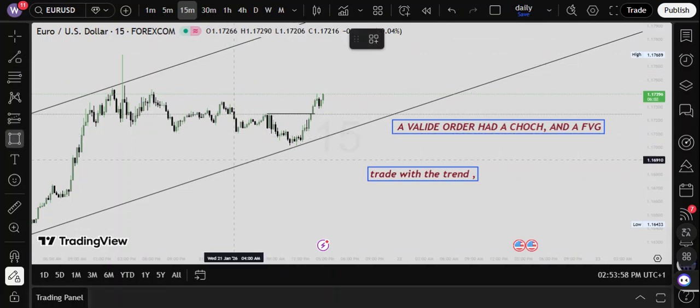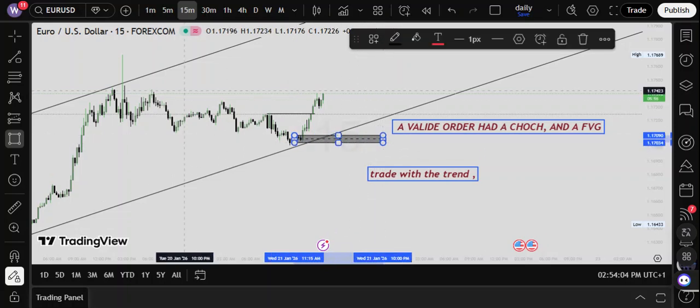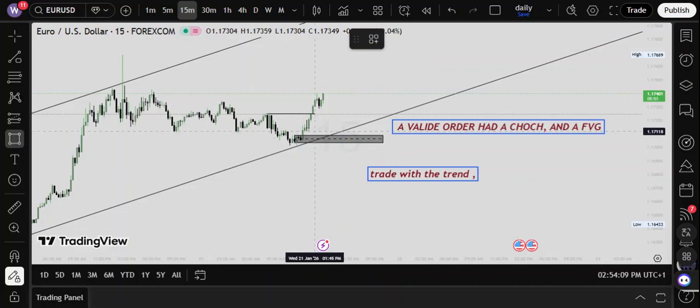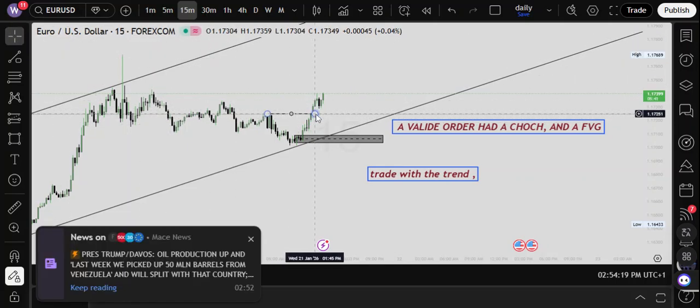So you come here and mark your order block. Once you've done this, this is your order block area. And what confirms this order block area as well? We have displacement, which is this fair value gap here, and this subsequent strong bullish momentum has given us displacement. Now we are very sure that we are in the right position.